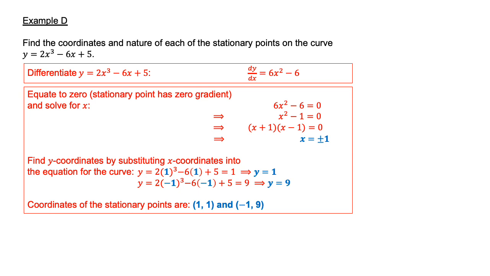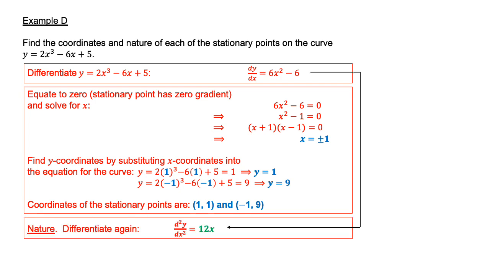And now that it's set to 0, I would prefer you to factorize the expression. As you can see here, this is the difference of 2 squares. So obviously you could have different brackets here, but clearly this is difference of 2 squares, x plus 1, x minus 1, which therefore gives us a solution of x to be either 1 or minus 1.